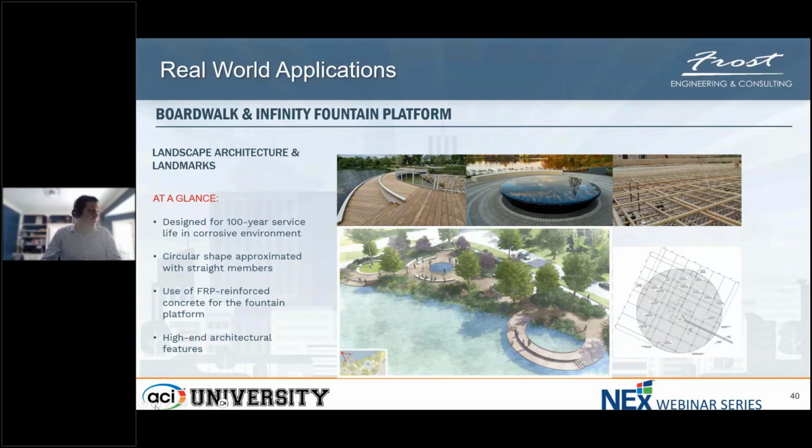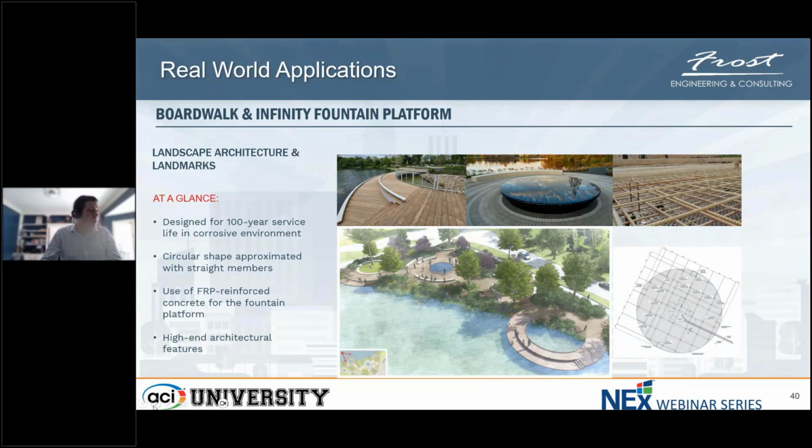This entire site is sitting on some very highly compressible and expandable clay marl, is what we call it here locally. And the geotechnical engineer on the project insisted that we go all the way down to better soils below. All of that mat foundation underneath this fountain is reinforced with pultruded FRP rebar.